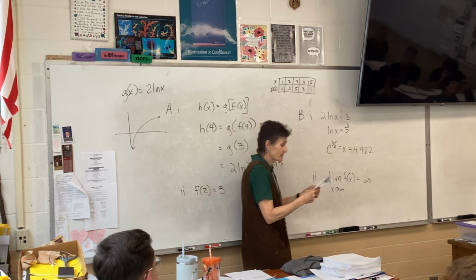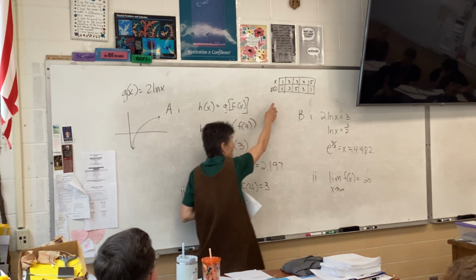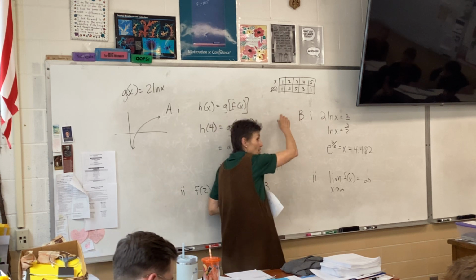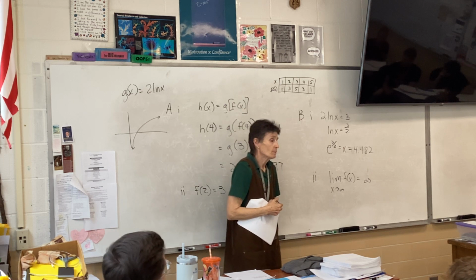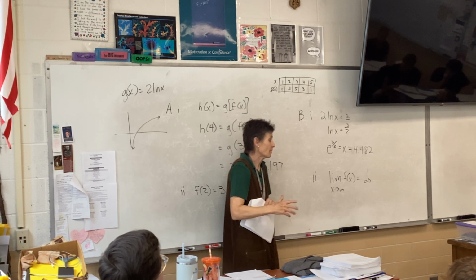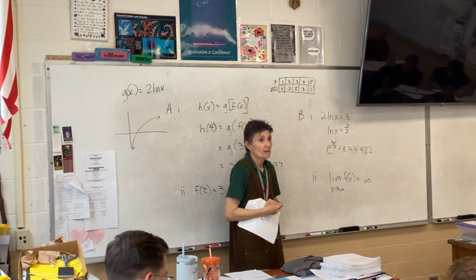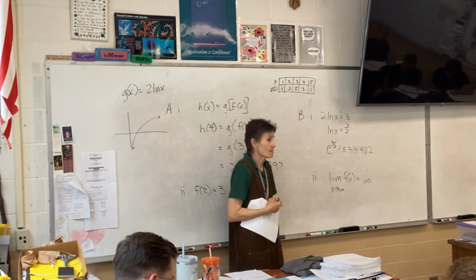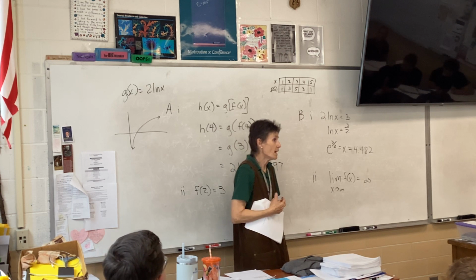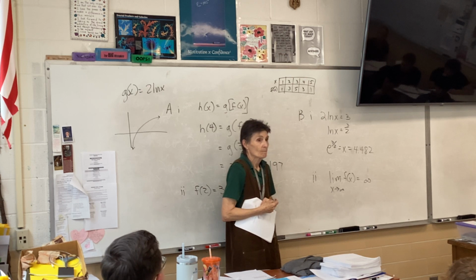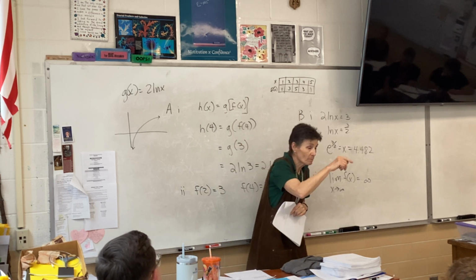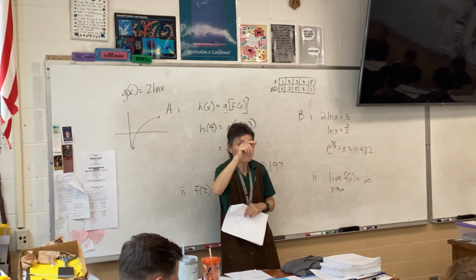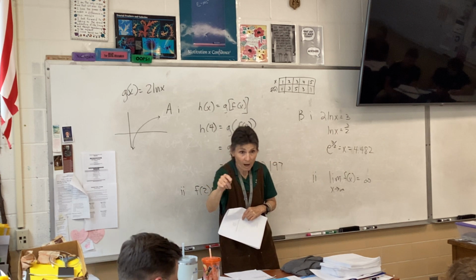Alright. Does f have an inverse? So here's f, right here. Yes or no? No. The inverse of f is not a function. Why is there no inverse for f? Because multiple x's give you the same y.